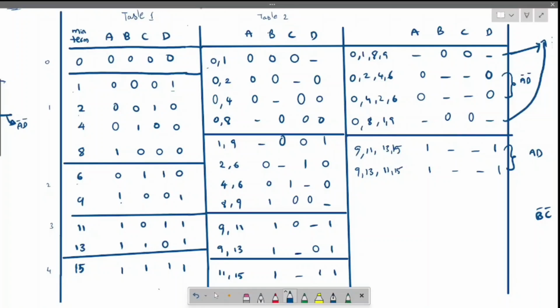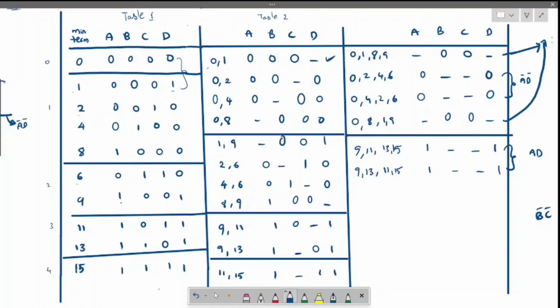So we need to make the grouping in a process. Here we have 0 and we have 1. Only one fluctuation is allowed, that is, only one dash is allowed. In the same way, not only with 0 and 1, we can form 0 and 2 also.